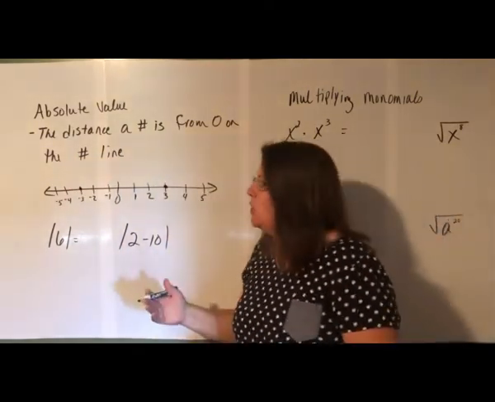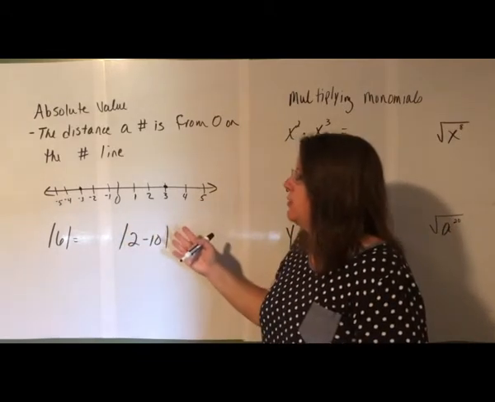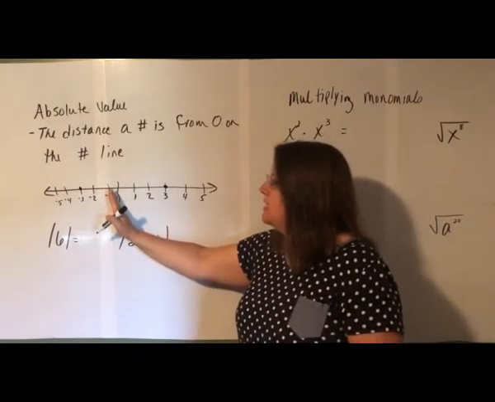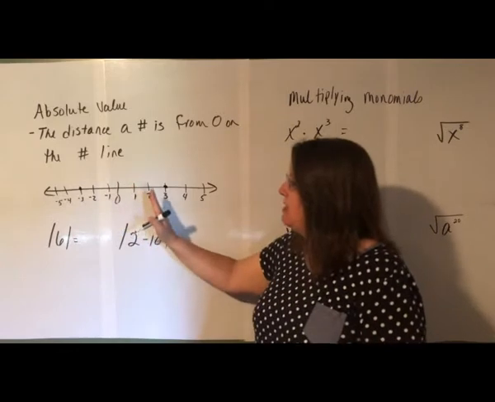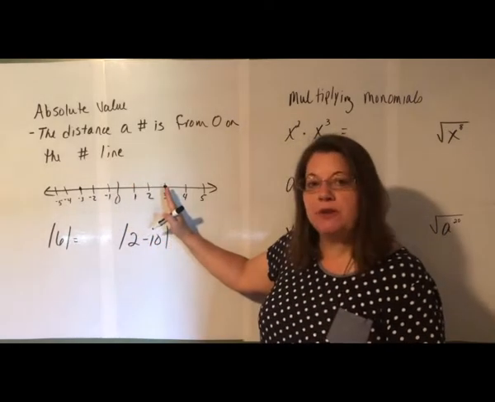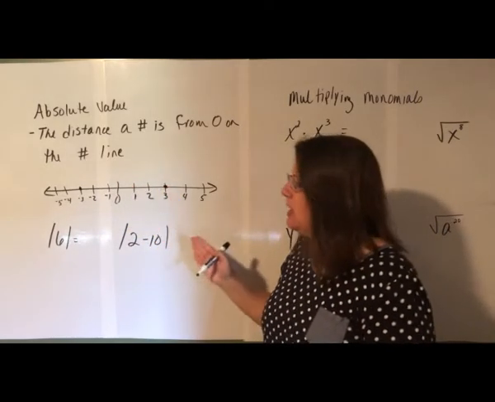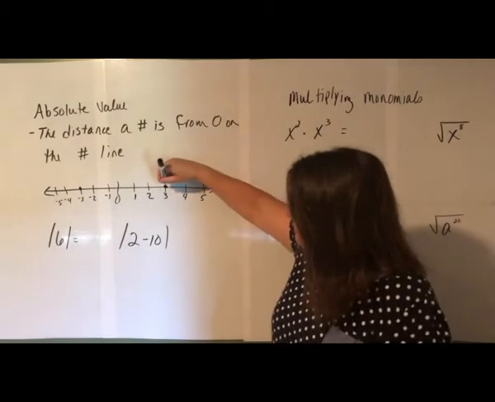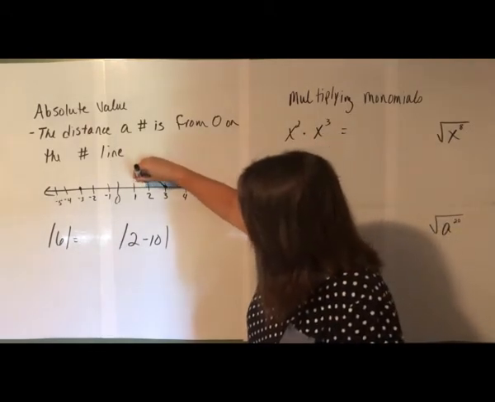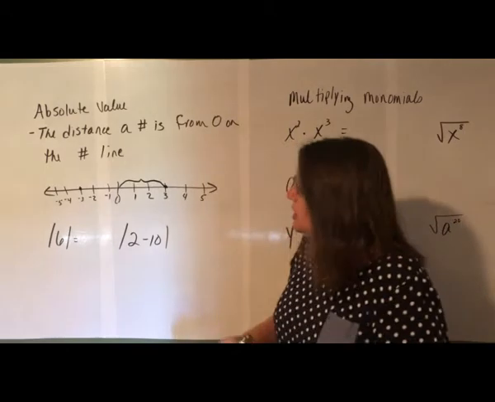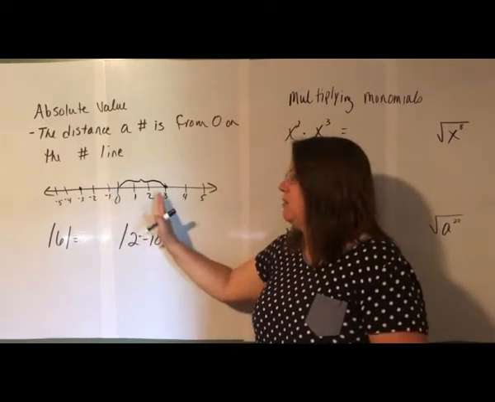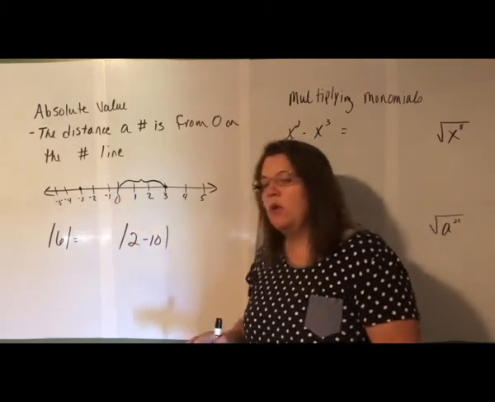If the absolute value is the distance a number is from 0, that means your distance is how many spaces you are from 0 on the number line. And if you think about distance, and this is where some students get absolute value confused, we don't account for negatives.